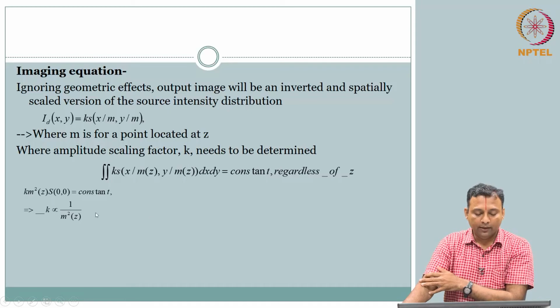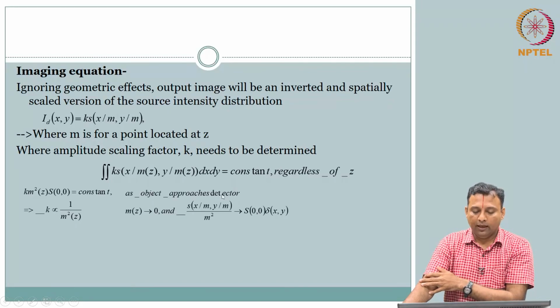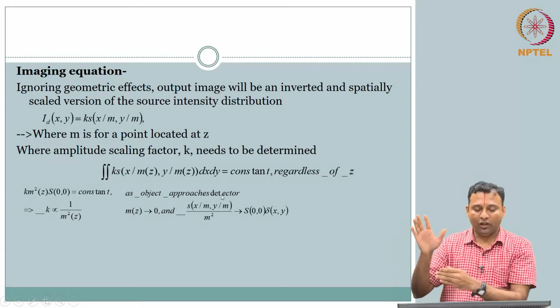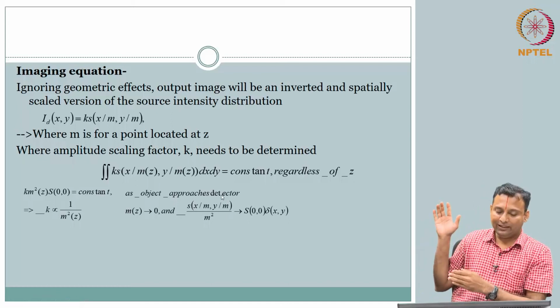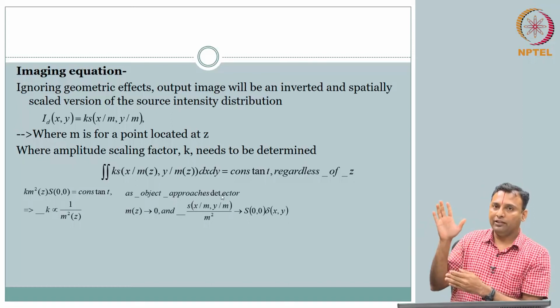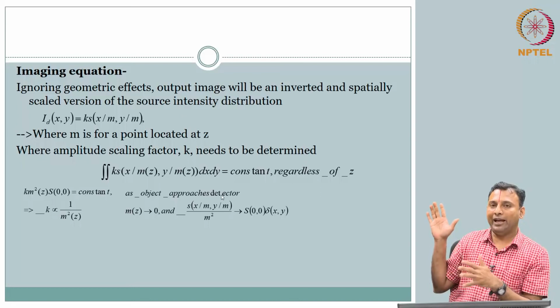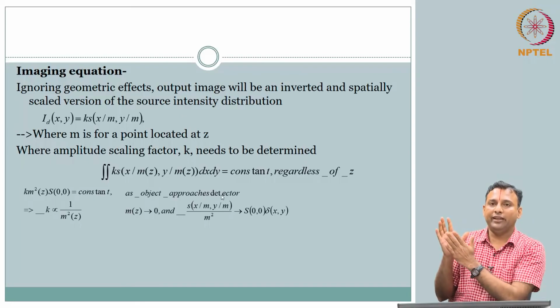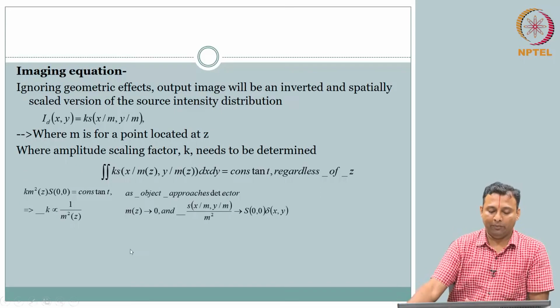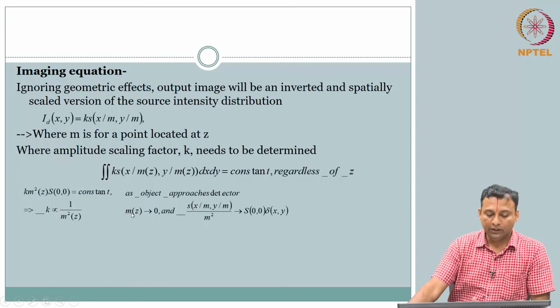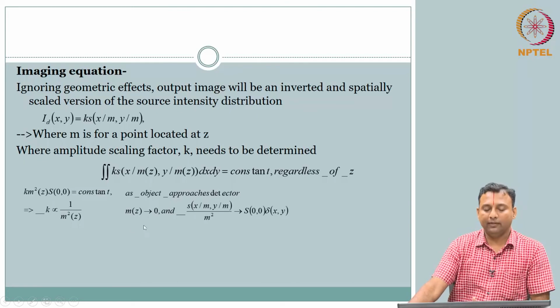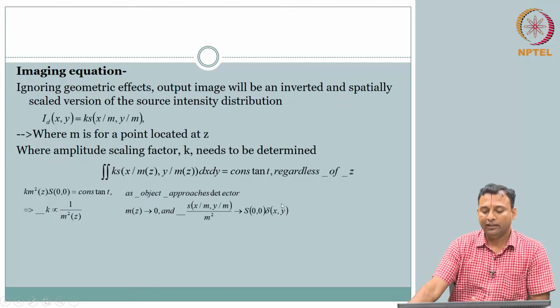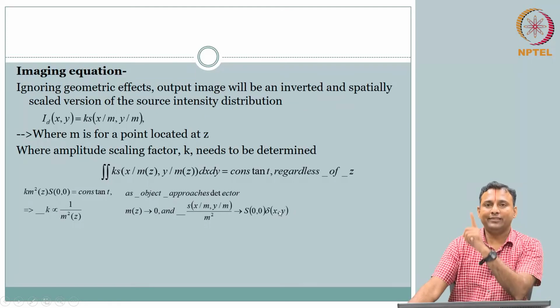Of course, in the best case, if your object approaches the detector, what is going to happen? If the object is approaching the detector, if I am on the detector, I do not have any magnification. So if it approaches the detector, we can write m of z tends to 0, that means essentially you have a delta at 0 comma 0.